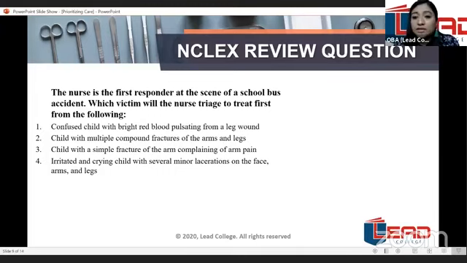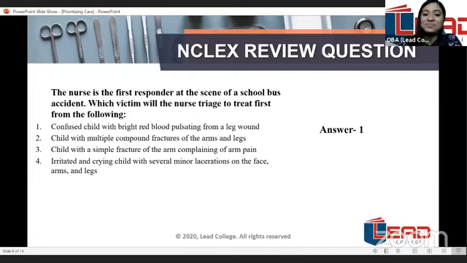Now look at the first child, a confused child with bright red blood pulsating from a leg wound. It means there can be an arterial puncture. So of course, circulatory issues, the person can go into shock if the bleeding is not stopped. So your first priority should be child number 1, the confused child with bright red blood pulsating from his leg wound.